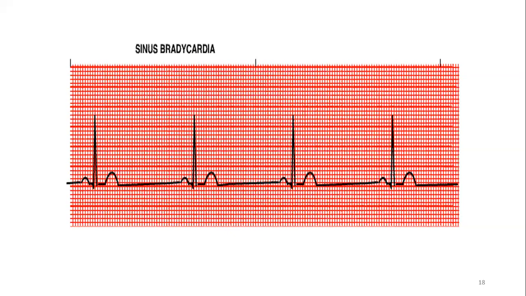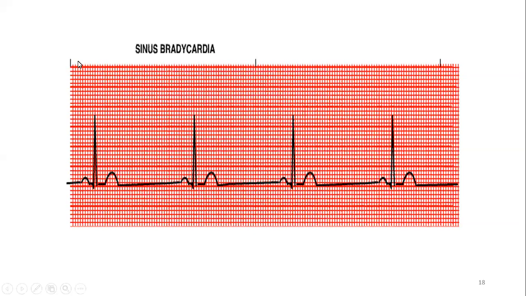So using the 6-second rule now, we know that one tiny box is 0.04 seconds, meaning that 5 small boxes will be 0.2 seconds. That means an accumulation of 5 large boxes. So one large box is 0.2 seconds, and 5 large boxes is 1 second.